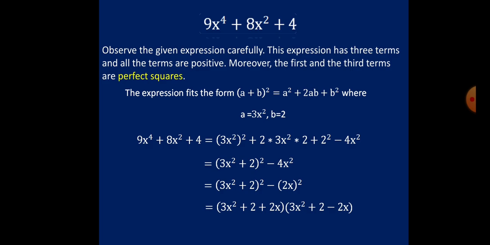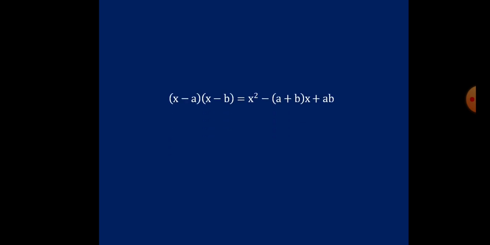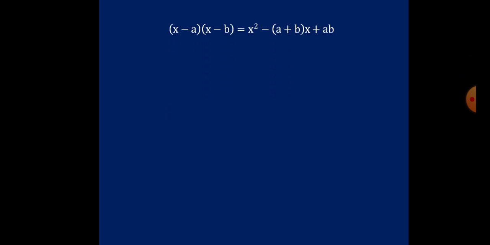Now you can see we can use identities to factorize many complicated problems. In this slide I am going to use this identity with a simple example: x squared minus 15x plus 56, and we must factor this expression.